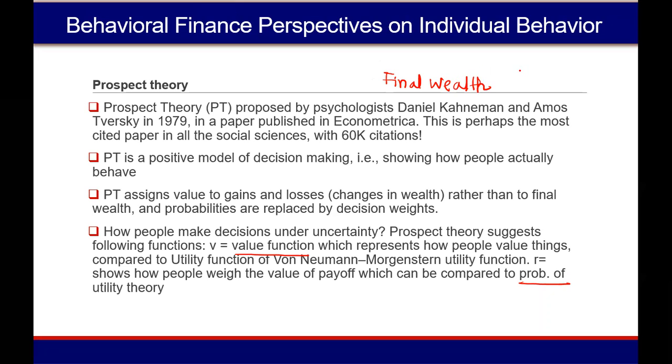For example, instead of having a 10 taka outcome and analyzing it separately, think of it this way: I have 100 taka of wealth. I will try to think of what will happen to my final wealth when this 10 taka is added. So I will think from the perspective of 110, not from the 10. The 100 is coming from my existing wealth. So individuals are likely to use a reference point to think of their outcomes and give value to those outcomes.